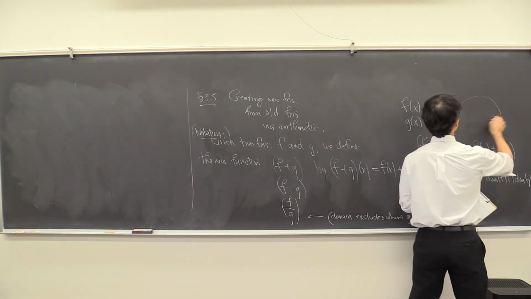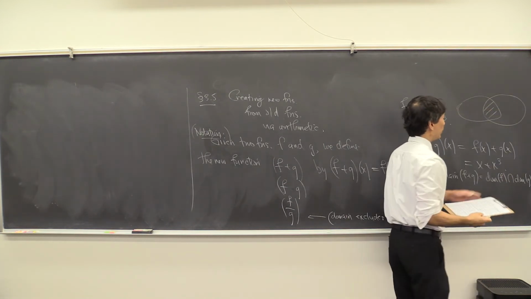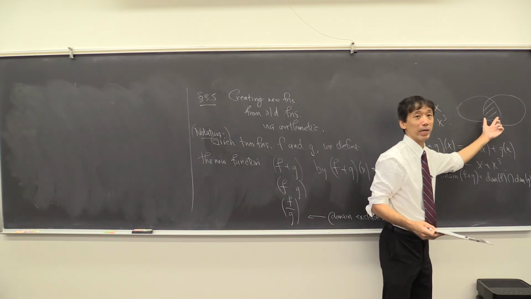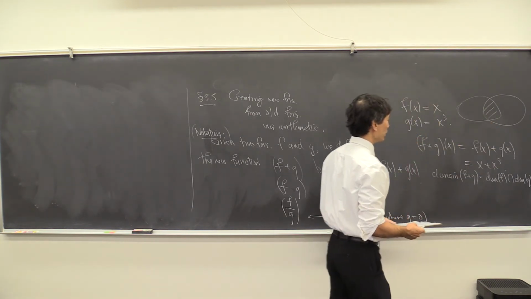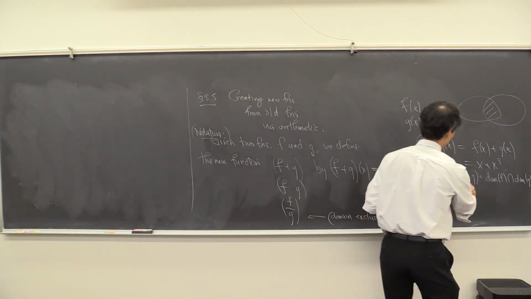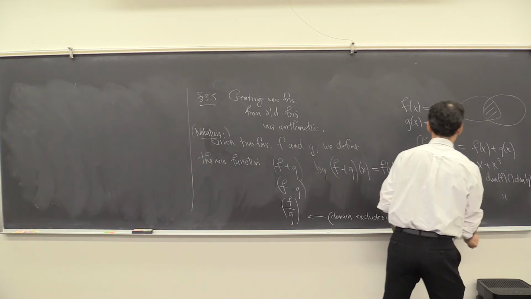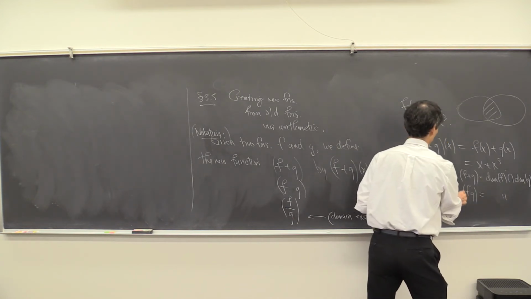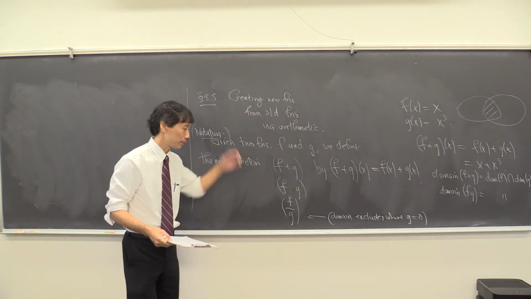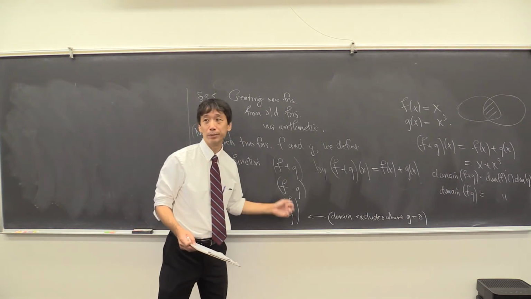If this were the domain and this were the domain, then both these functions have to be valid, so you need the place where both of them are defined. So you look at the intersection, and similarly for the product. But most of the time you don't need to worry about that. The only one that's a little bit important is this one.